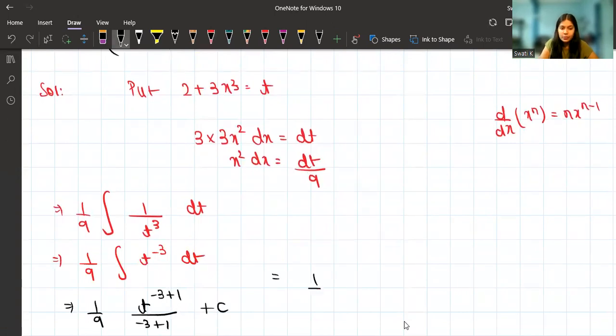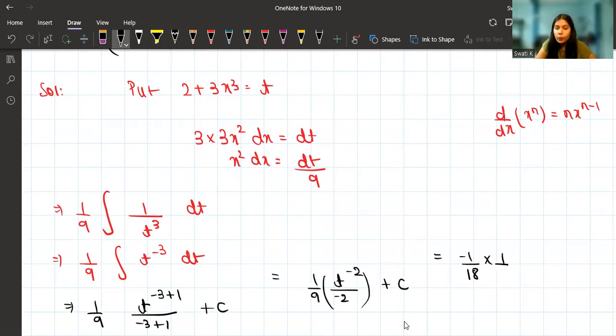Now simply this will become 1 upon 9 t raised to minus 3 plus 1, that is minus 2 upon minus 2, right? Remember, it is getting multiplied, plus c. And this is nothing but minus 1 upon 18, because 9 times minus 2 is minus 18. T raised to minus 2, I can also write as 1 upon t square, again using the property of exponent, and then plus constant of integration.